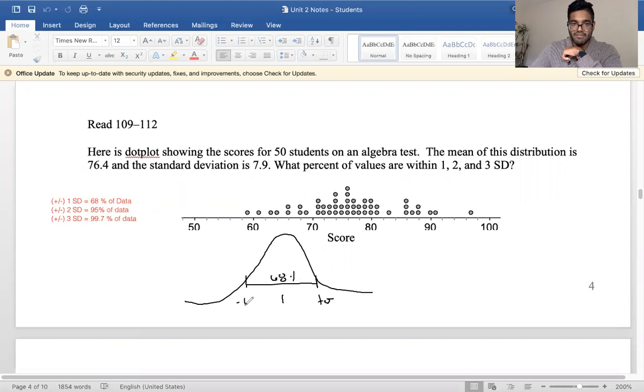So if I just looked at just this half, what's that going to be? That's just going to be 34%. Okay. So you can divide each one of these pieces into little chunks. And 34 on the other side as well. So this side would also be 34%. Okay, so these are symmetrical distributions. So that means you can divide everything up in half, and you can get all these little percentages.